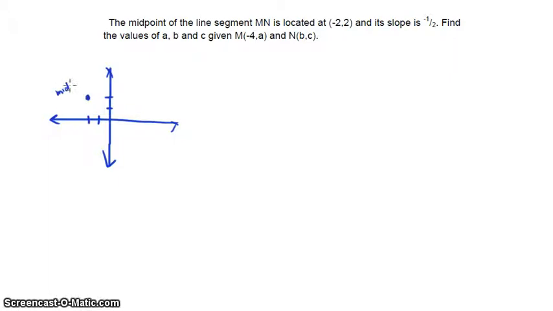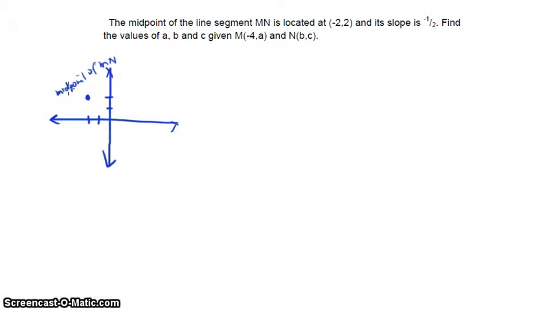So this is the midpoint of MN. So we don't know where M exactly is. We don't know where N exactly is. But we are sure that this point is a point in between M and N.